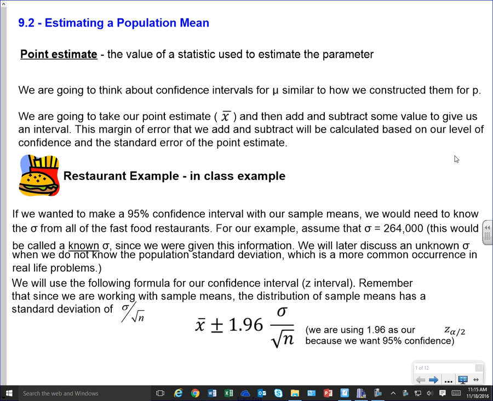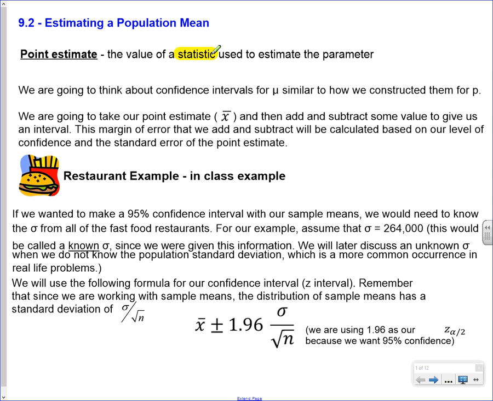Thinking back to what we learned in 9.1, we learned what a point estimate was, right? A point estimate really is what we've called our statistic up to this point. It's just one point on the line that we're using to estimate what the true parameter is. Back in 9.1, we were using p hat as an estimate for p.